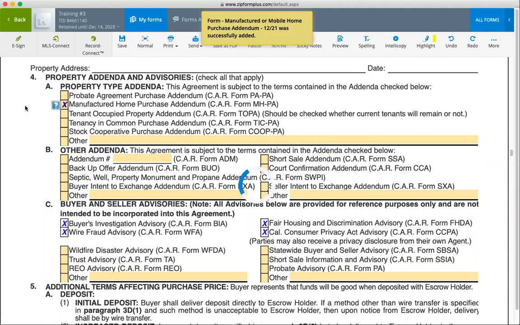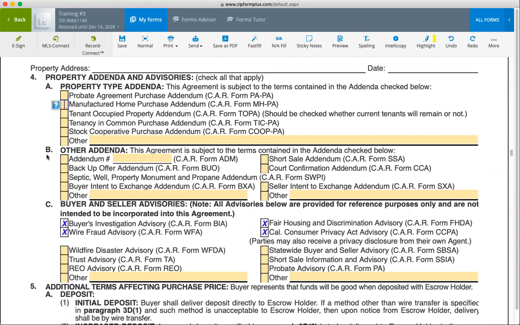So that's become kind of easy. If it's tenant-occupied property, we attach the TOPA. If it's a tenancy in common purchase, a TIC, we attach the TIC form, and so forth. So those would be addenda. We typically don't have any in this bunch, but you might.